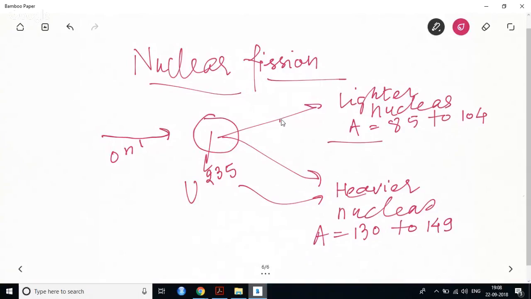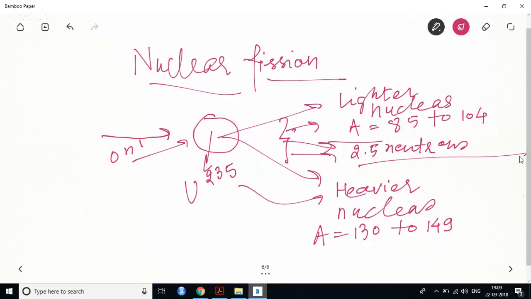And what else would come? More neutrons will come. So if one neutron is striking it, you will see at least on an average 2.5 neutrons coming from here. As simple as that. So this is nothing but your nuclear fission.